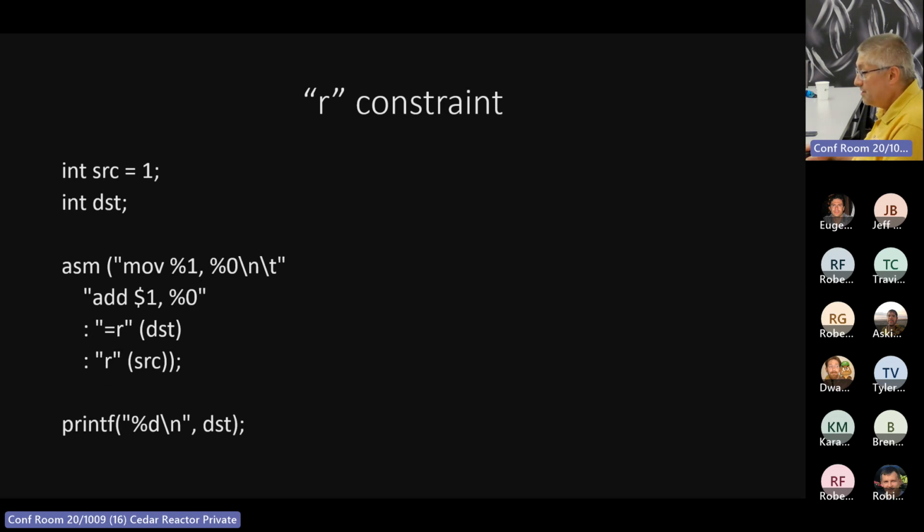So let's do a little example of the R constraint. I think we just did something, but let's do another one. So here we just have the R. R means that it's going to be any register.